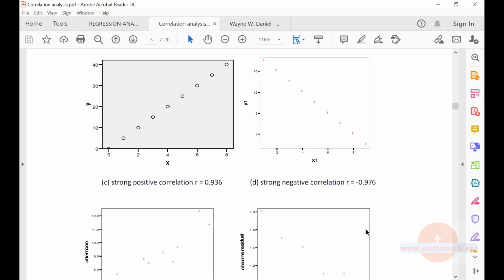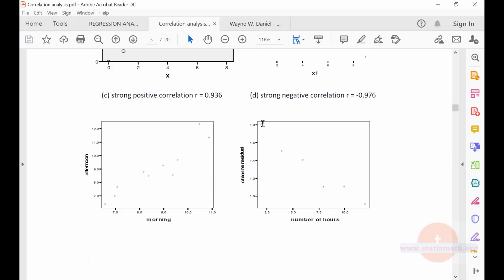Both are very strong because they are very perfectly linear and the values are very close. This is very close to +1, and this is very close to -1. So we interpret this as a strong positive correlation, and here a strong negative correlation.